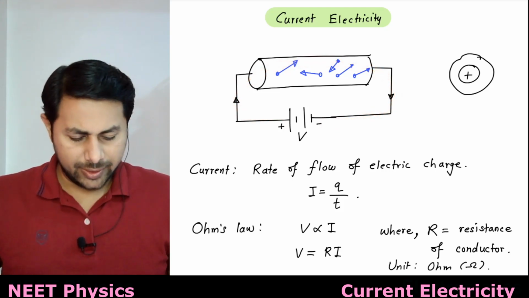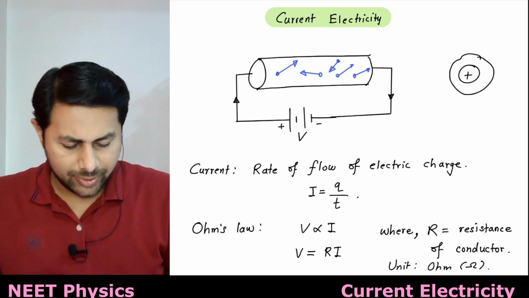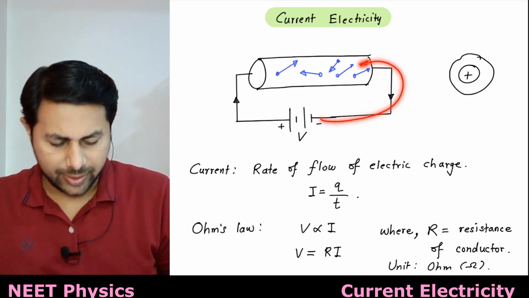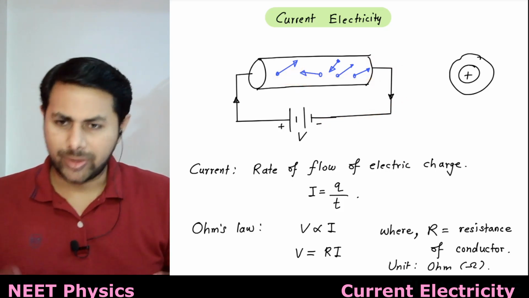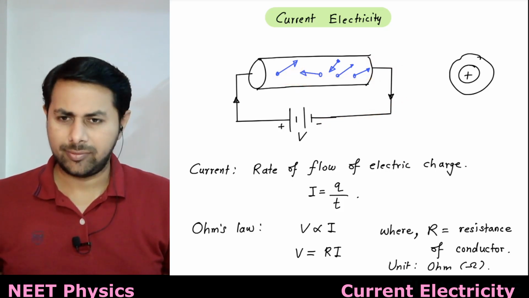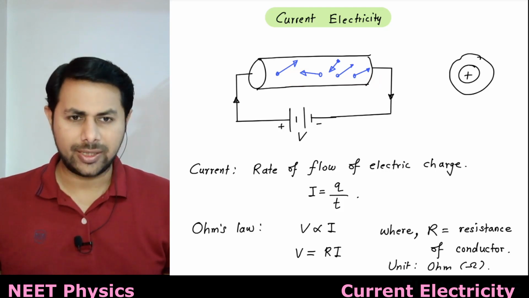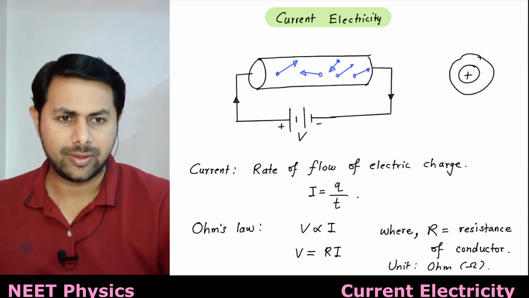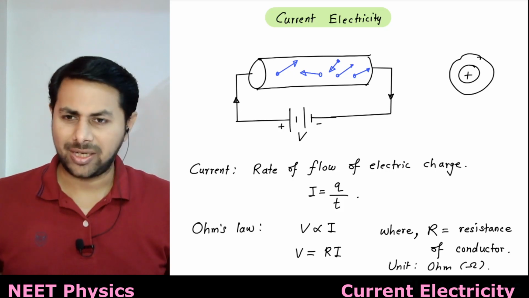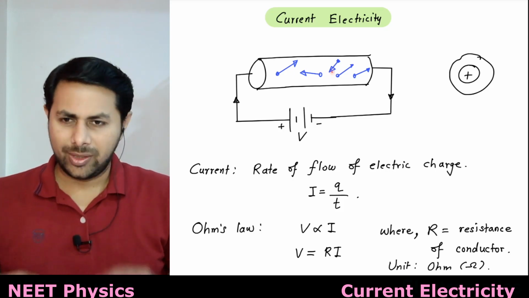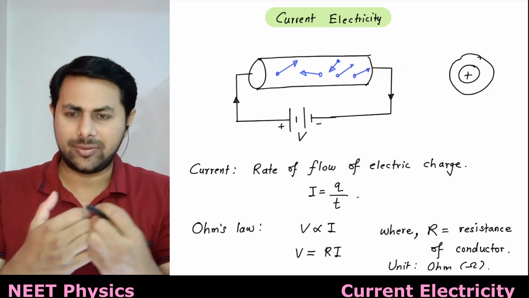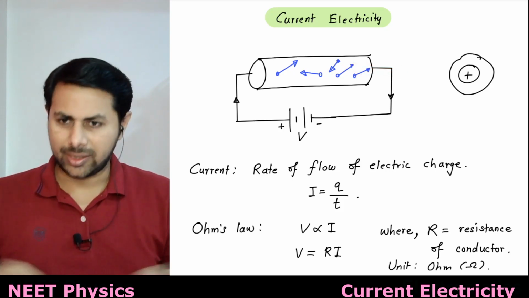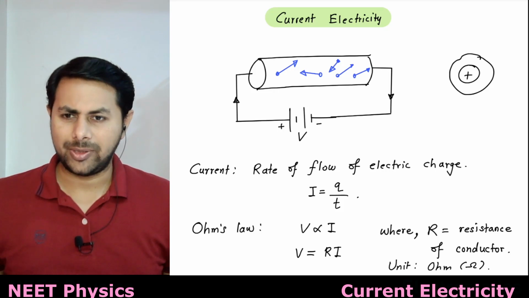So then see, electrons, suppose they come over here and they want to move from right to left. What will oppose the flow of electrons? There are lots of atoms and ions inside that conductor, right? So when electrons collide with the atoms and ions of the conductor, then what will happen?